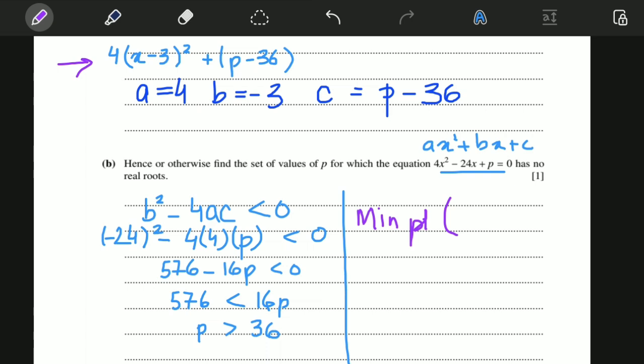We know the x coordinate is whatever is in the bracket, you put it equal to 0. For example, here you put x - 3 = 0, and you will get x = 3 as your x coordinate, and this p - 36 is going to be the y coordinate of the minimum point. So just write it down.